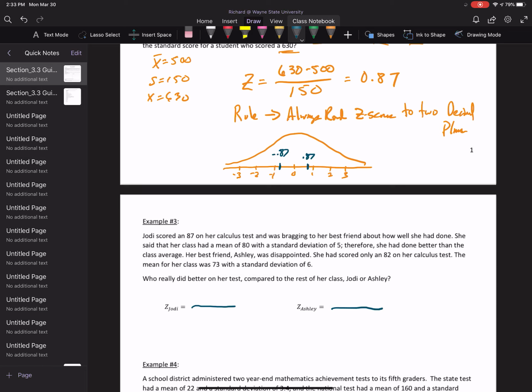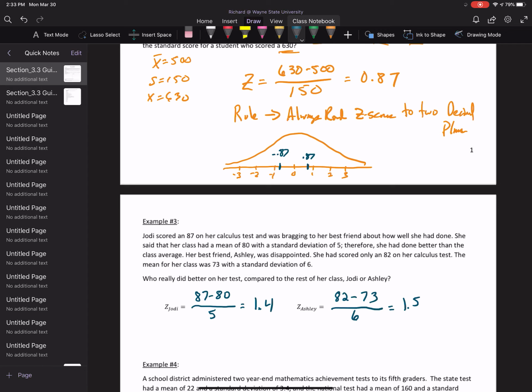So for Jody, she had the 87, and her class's mean was an 80, and standard deviation was 5. And so she ended up with a 1.4 standard deviation. Now Ashley had an 82, and her class had a mean of 73 with standard deviation of 6, which actually comes out to 1.5. So who did better?